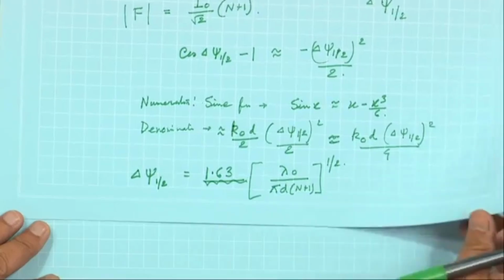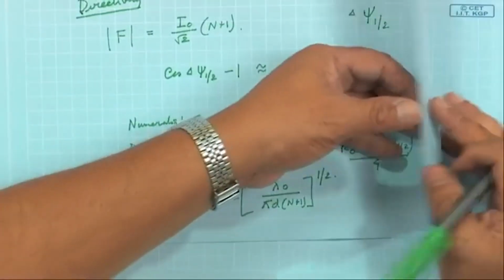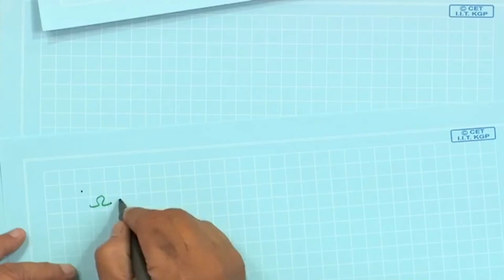Now, we know at which point the half power things come. So, the solid angle occupied by the main beam.